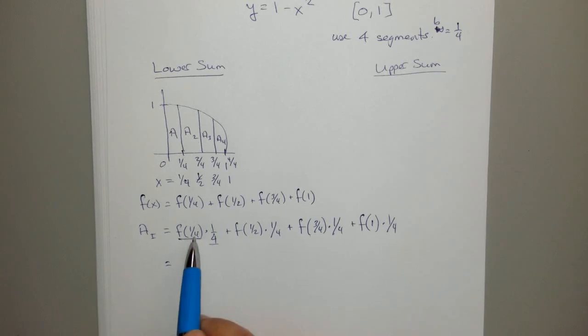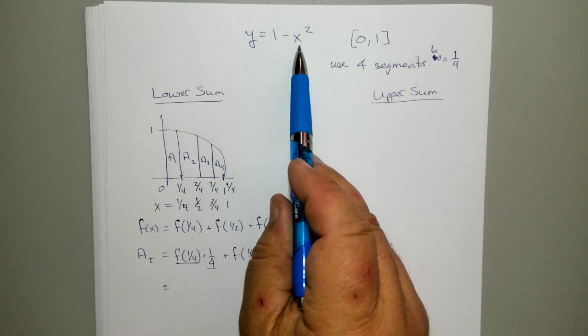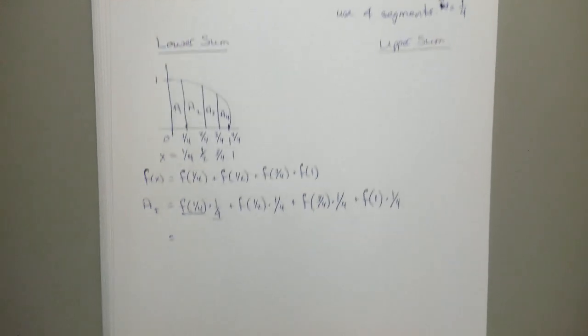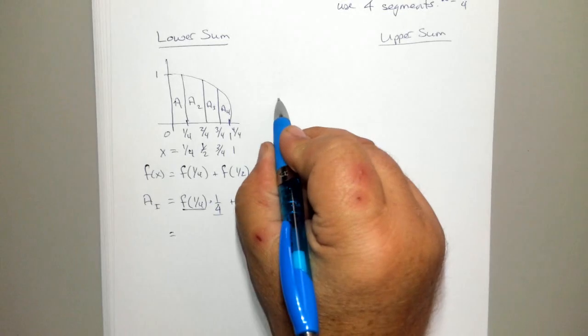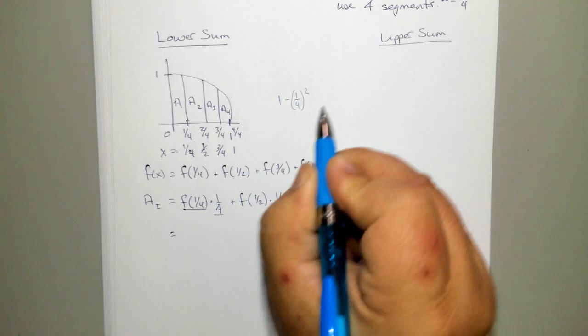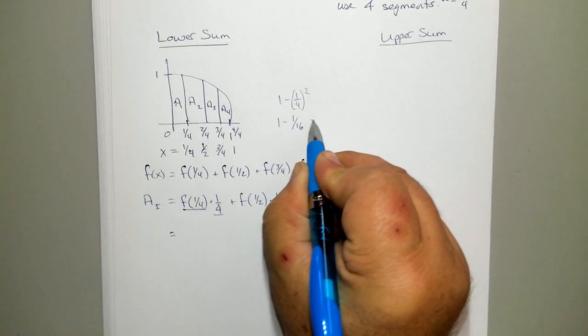So if you put 1/4 into your equation in here, 1 minus 1/4 squared, 1 minus 1/16 is equal to what?